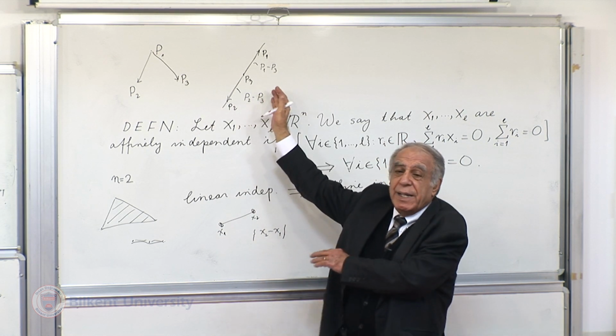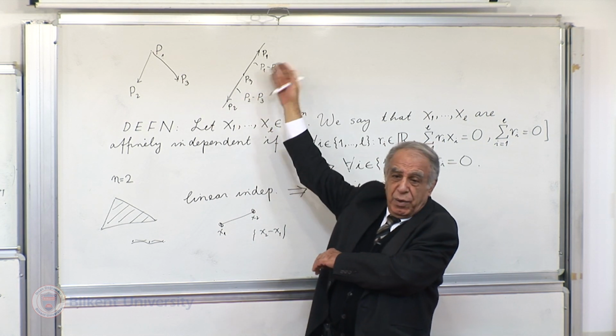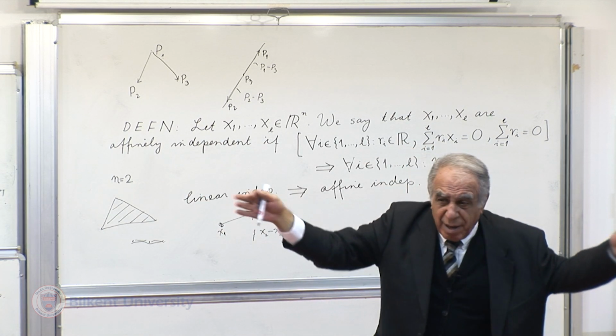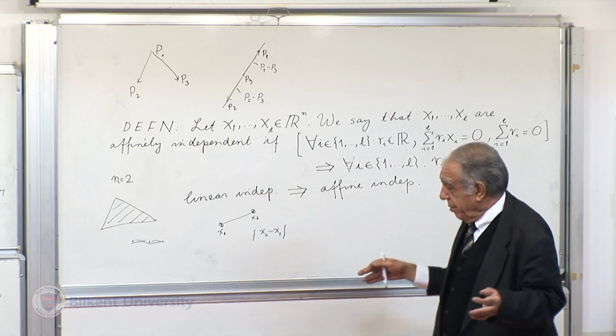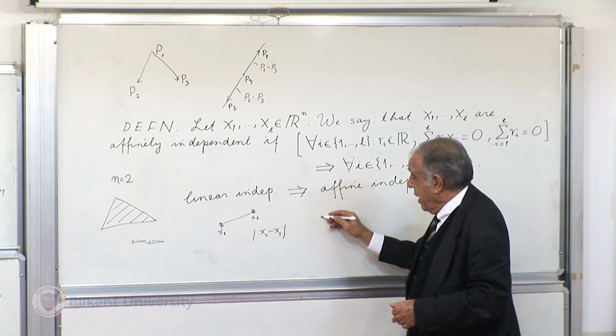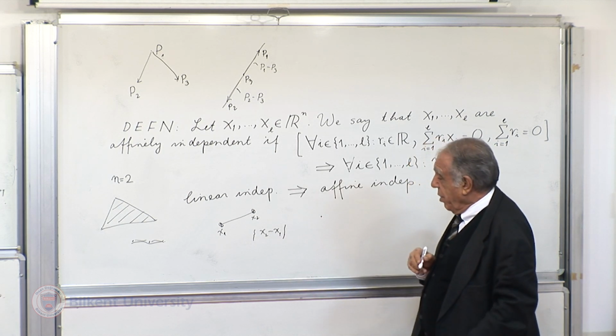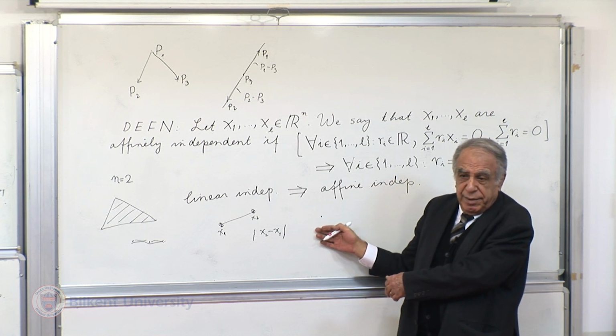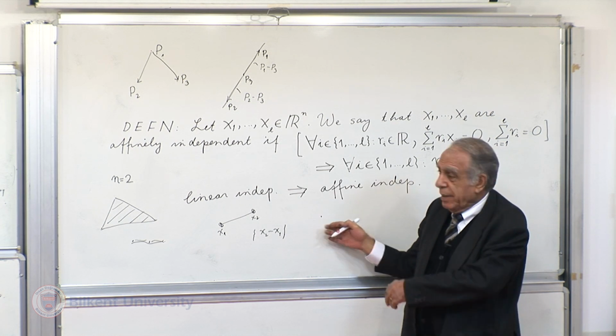So the collinearity here was for 3, because any 2 points are collinear. You have some line, well, coincident or... Now here, if you have just 1 point, this will be the convex hull of itself. Okay?